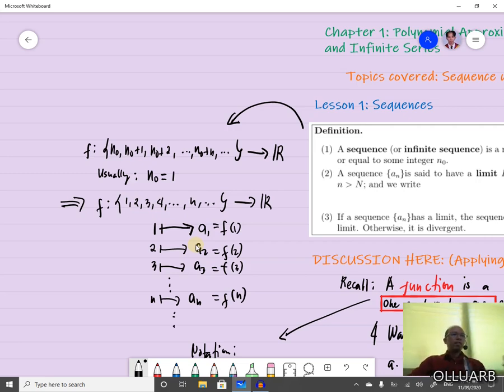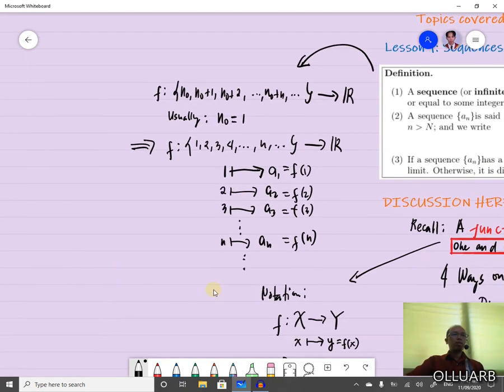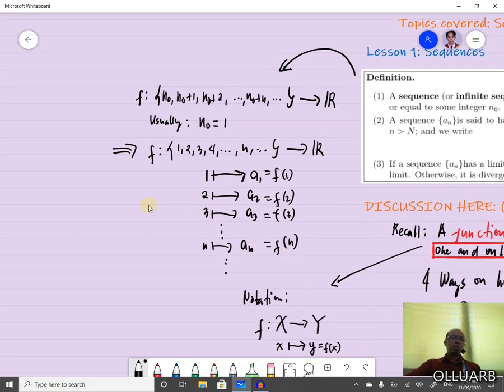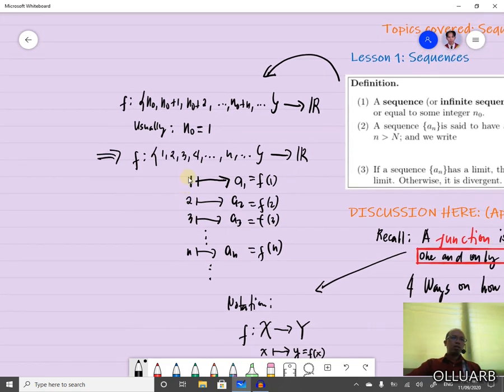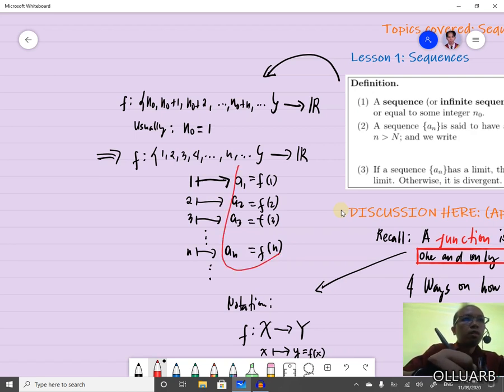Okay, so what you will see here is that there's nothing much pleasing when we study the domain of the sequence. The most important here is the range of the sequence.